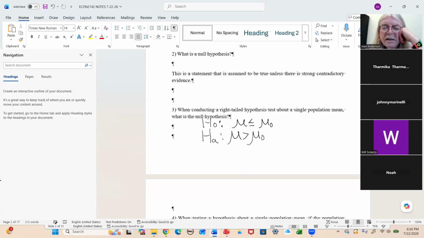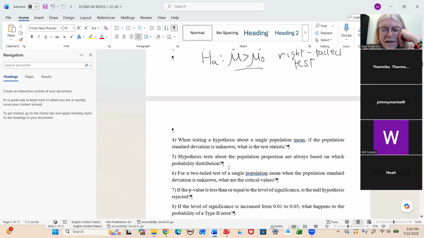Okay, so it's a right-tailed test about a single mean, and this is how we know that. And then the null covers everything else, and that's why it looks like this.